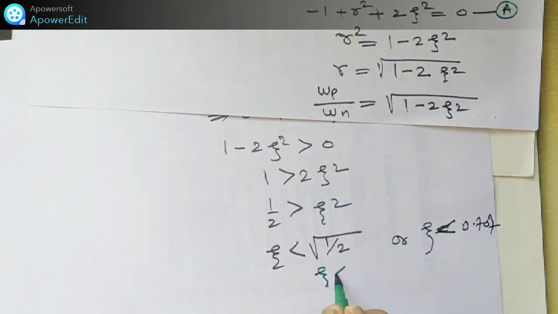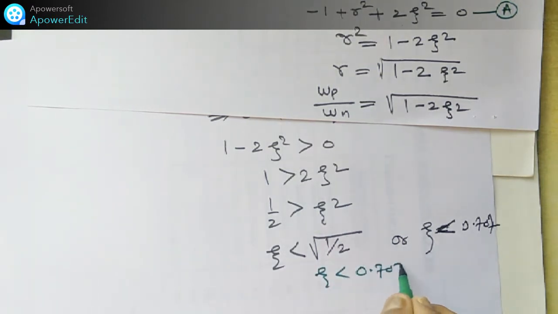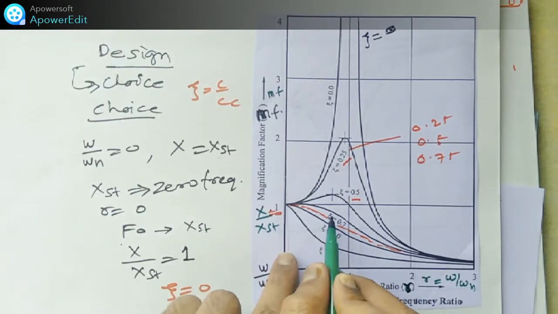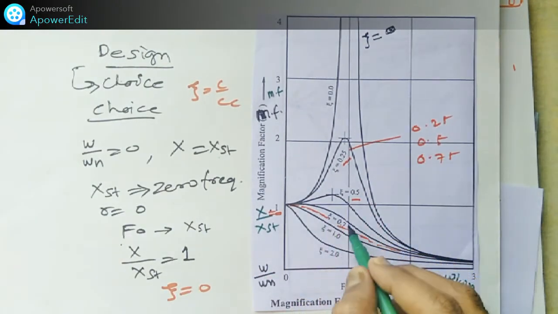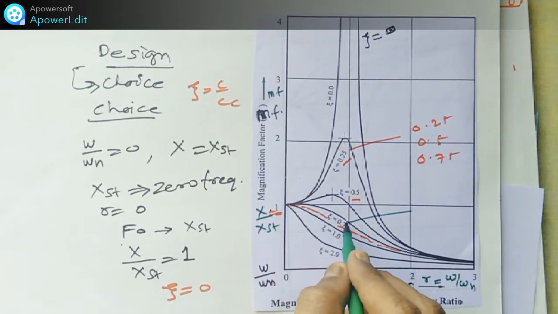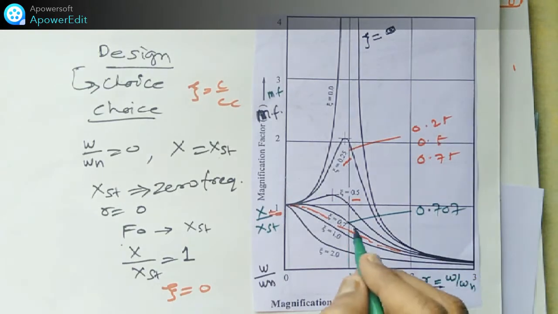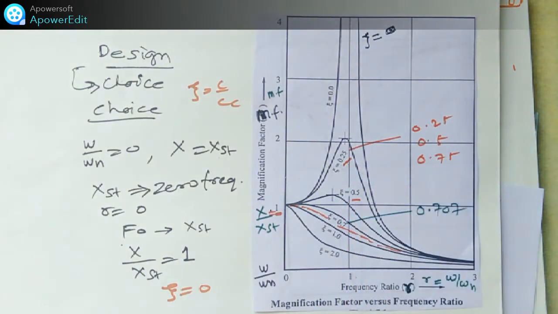At this condition, the peak value will be there. We'll show you in the graph. You can see inside the graph here, the zeta is this value, 0.707. Below this value, there is always a high or peak amplitude.